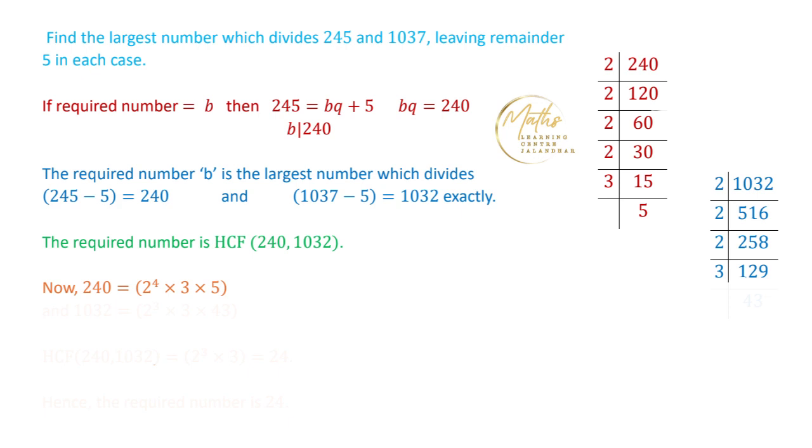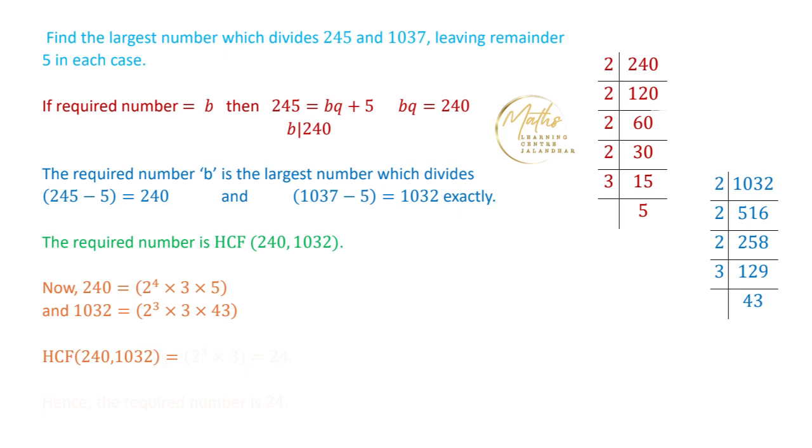When we divide this number by 3, we obtain the quotient as 43. So the prime factorization of 1032 is 2 raised to the power 3 into 3 into 43.